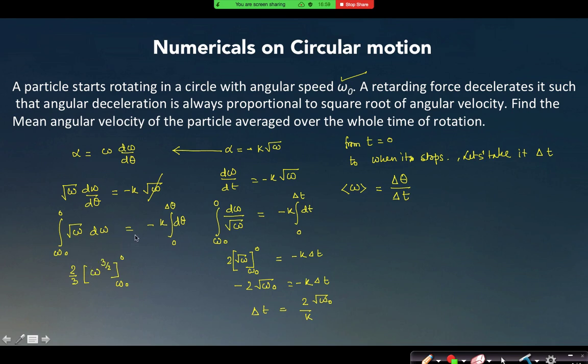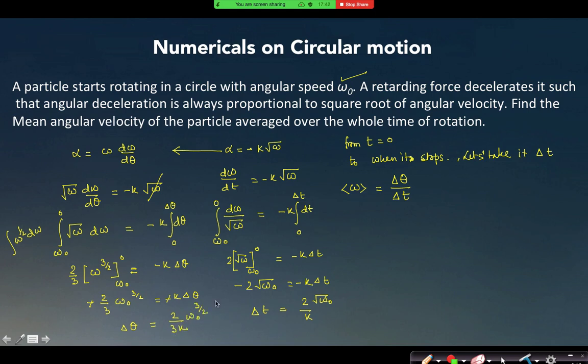If you are not doing that directly, you can write omega power 1 by 2 into d omega and use the formula for integration of x power n dx, which is x power n plus 1 by n plus 1. I am sure you could have written the same. So this is minus k delta theta, and you can see that it will be minus 2 by 3 omega naught to the power 3 by 2 equal to minus k delta theta. From there we can find delta theta. Delta theta is equal to 2 by 3k omega naught power 3 by 2.